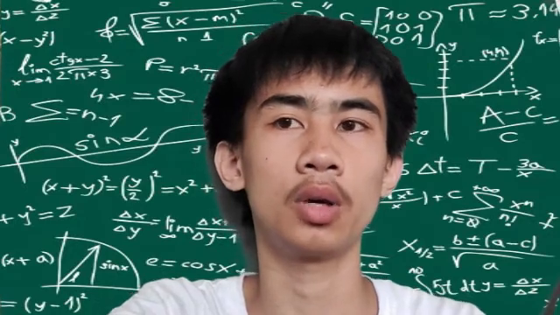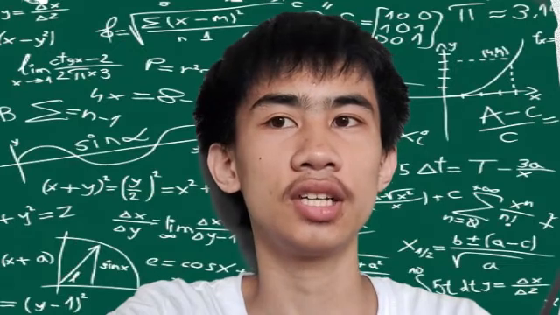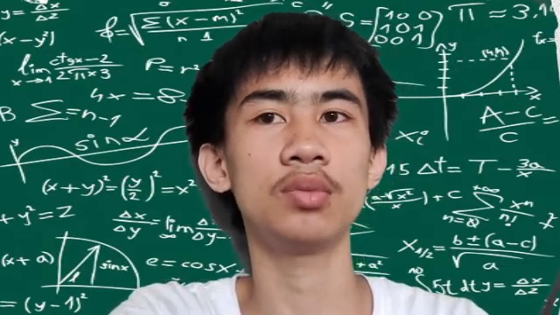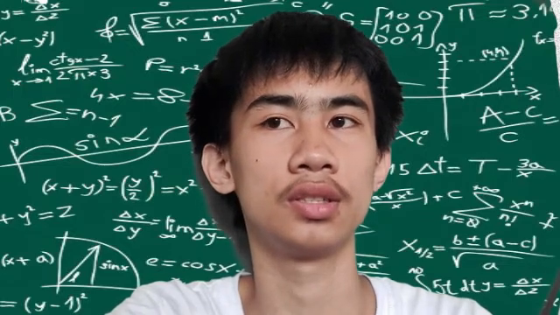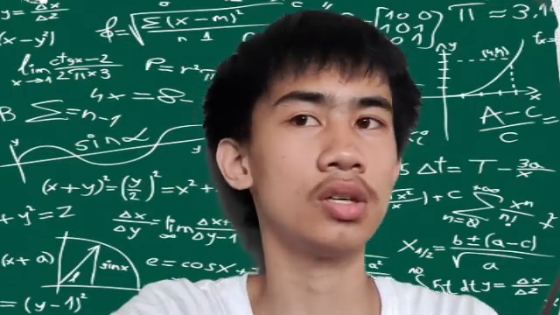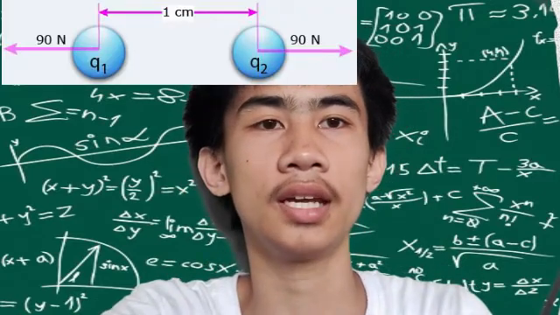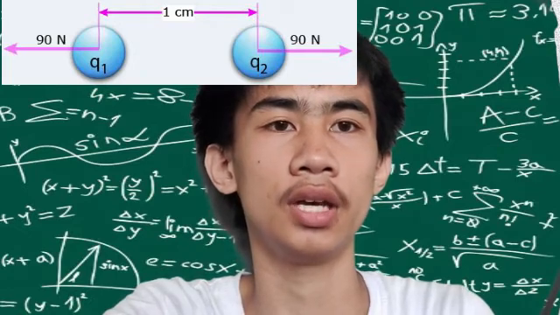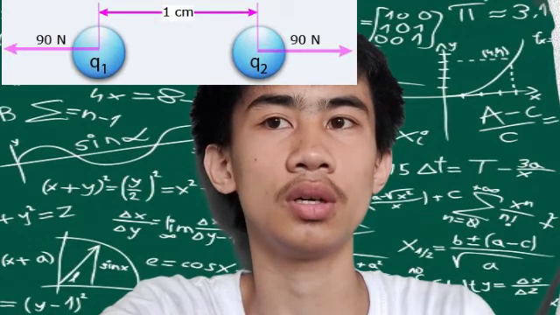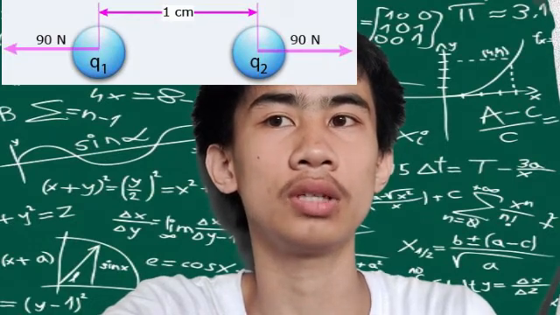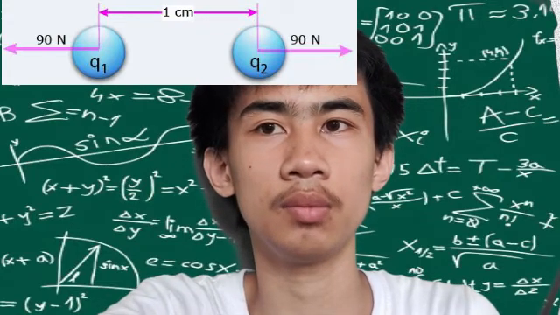Example problem of Coulomb's law. The force between two identical charges separated by 1 cm is equal to 90 N. What is the magnitude of the two charges? Solution. First, draw a force diagram of the problem. And second, define the variables. F will be 90 N, Q1 equals charge of first body, Q2 equals charge of second body, r equals 1 cm.